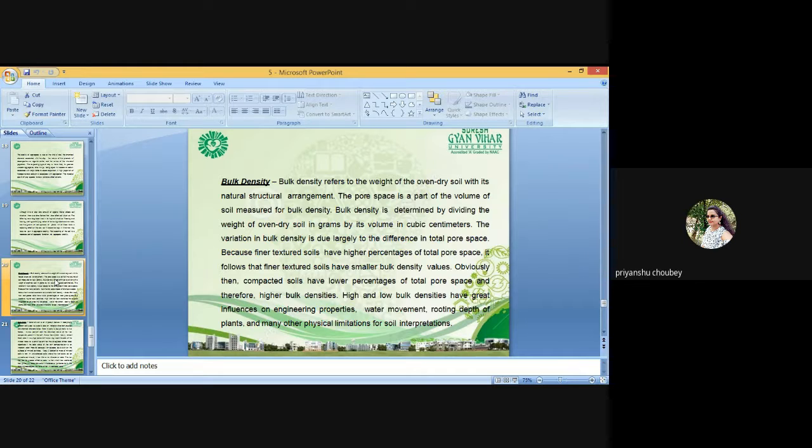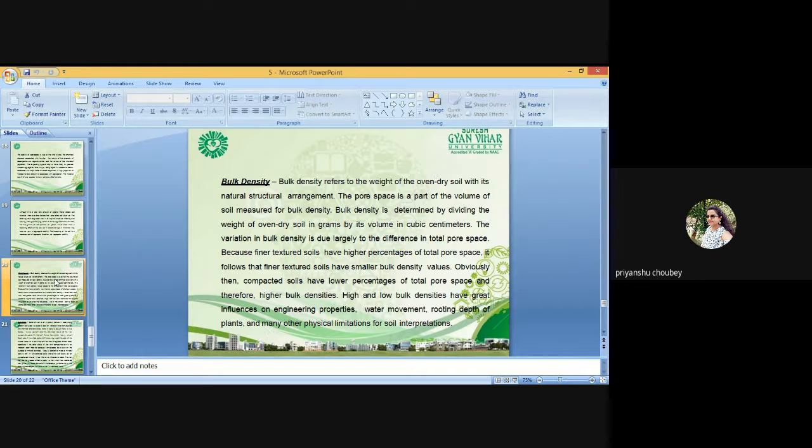Because θv is equal to θg into bulk density, therefore dw is equal to θg into bulk density into dt, where dt is the depth of soil layer for which the depth of water is to be calculated.